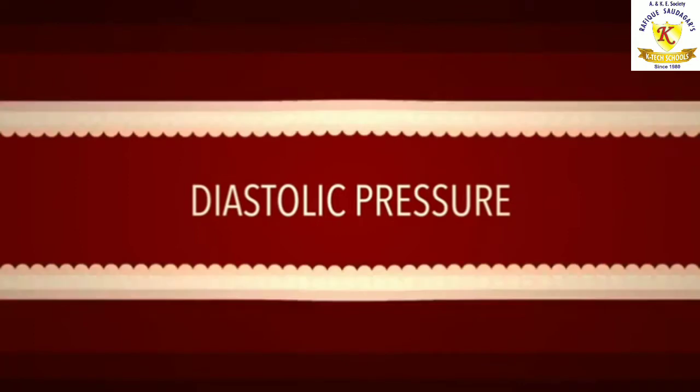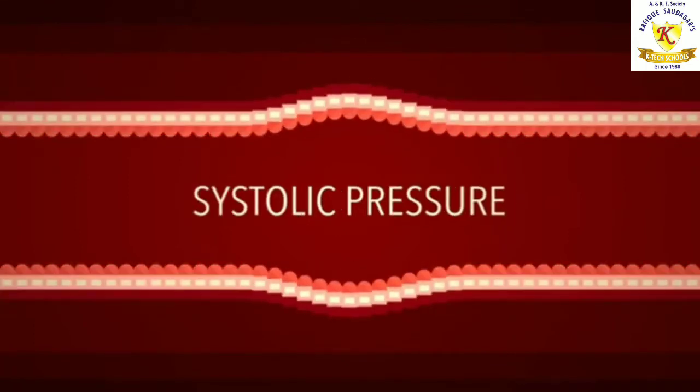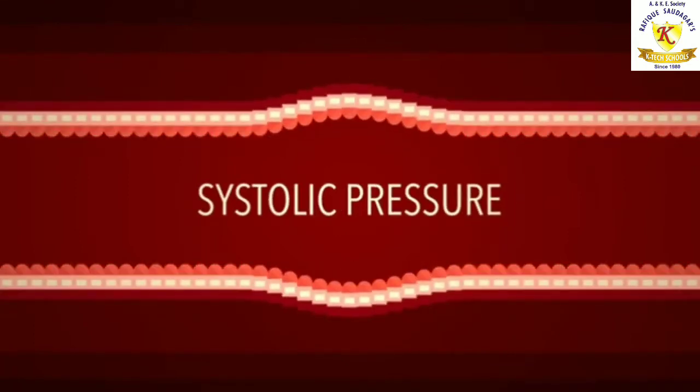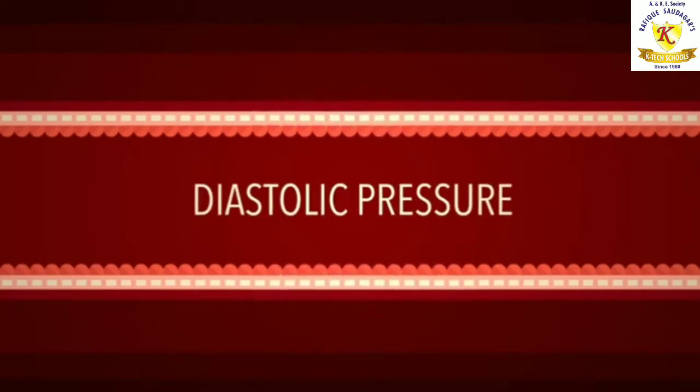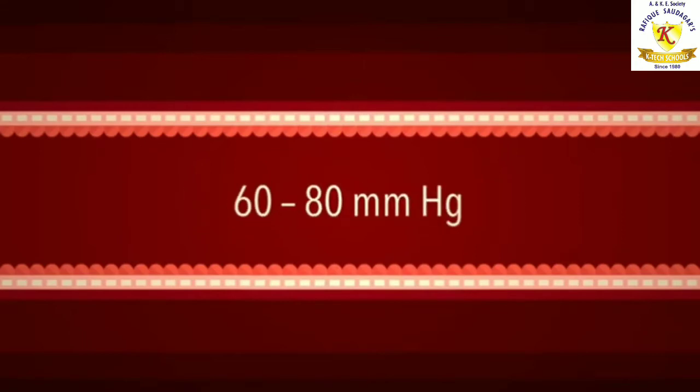A typical healthy individual produces a systolic pressure between 90 to 120 millimeters of mercury and diastolic pressure between 60 to 80 millimeters of mercury.